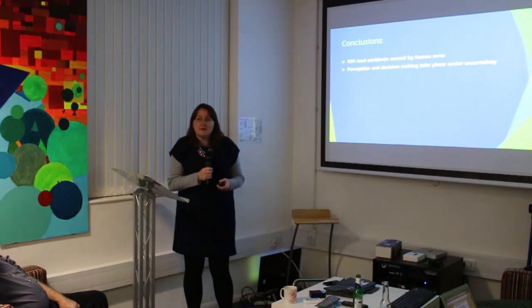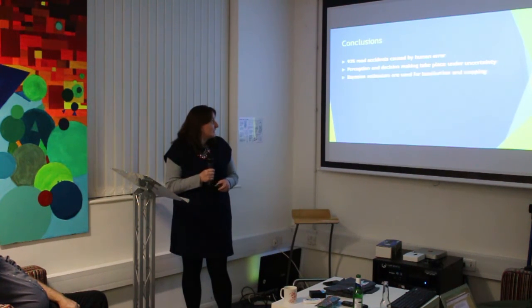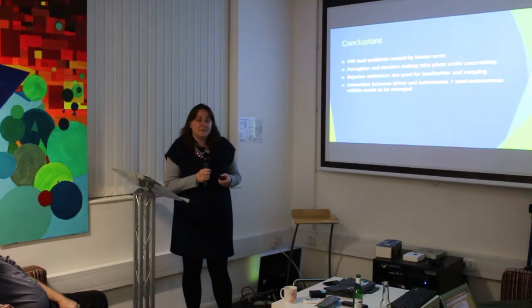We can get around that, but every decision these smart vehicles are going to make, even the tech you've got in your car now, is done under uncertainty. So everything is a guess. Best guess probability. We can work out where we are, we can map, but we need to work out our interactions. So between us and our car, or between the car and other cars, and between semi-autonomous vehicles.